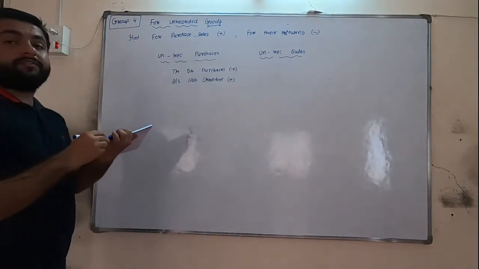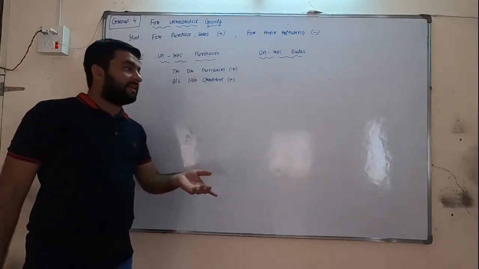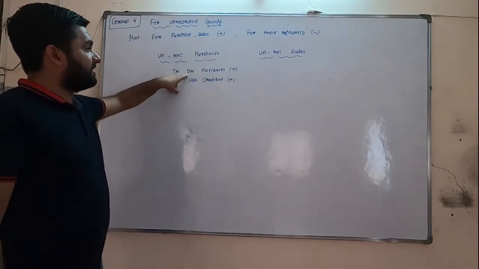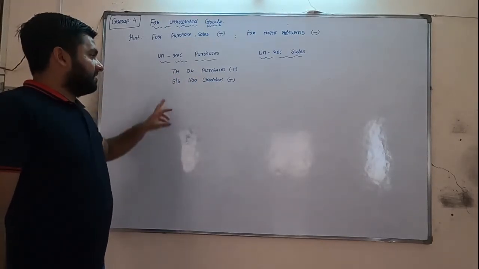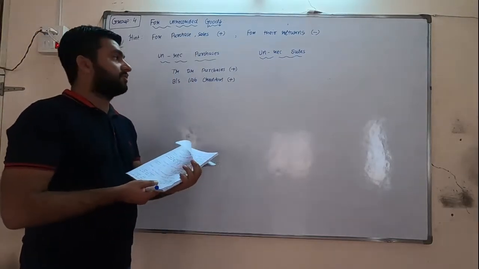As I said, both effects will be plus, purchase plus and creditors plus, but where they are shown: purchases are shown on the trading account debit side and creditors are shown on the balance sheet liability side. So you should know that.